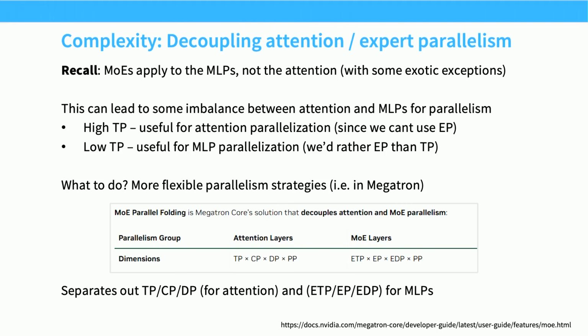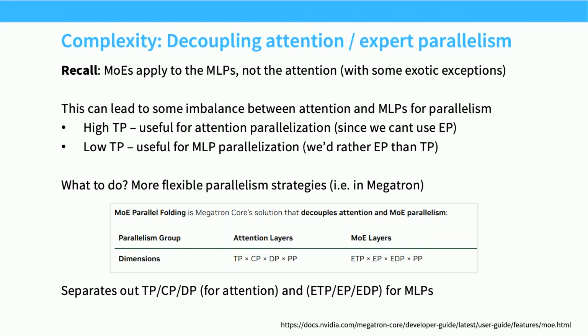To parallelize the attention, maybe I want to also use tensor parallel. So I want a high tensor parallel level to cut up my attention, but this then affects my MLPs, because if I have high tensor parallel and high expert parallel, I've cut up my matrices into really tiny pieces, and my utilization is very bad. So there's this weird trade-off where you want high tensor parallel for the attention, but low tensor parallel for the MLPs. There's this conflict.